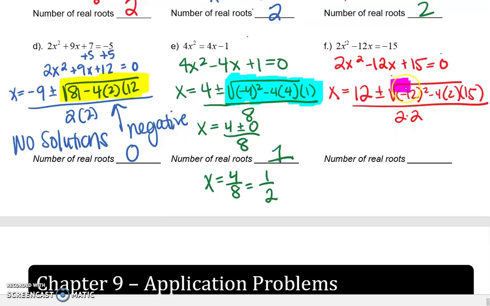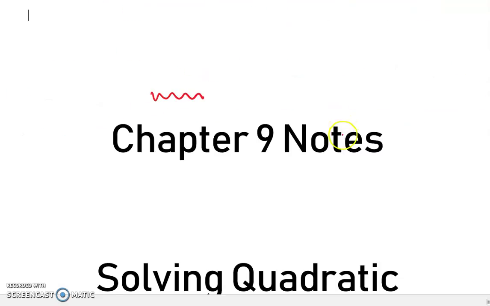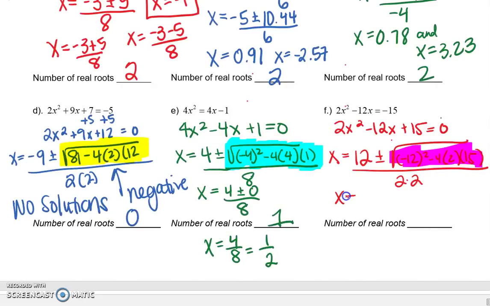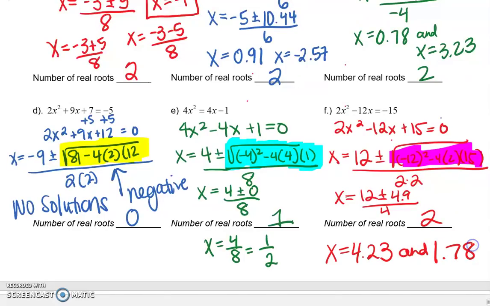When you plug that part into your calculator, you should get 4.9. So I have x equals 12 plus or minus 4.9 all over 4. I'm going to have two roots, and those roots, when you use your calculator, should be 4.23 and 1.78. And that's it.